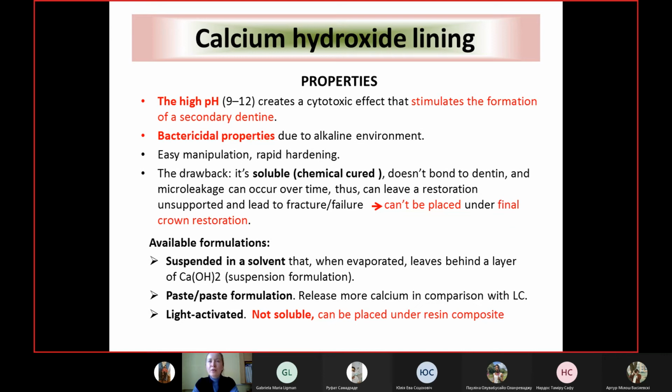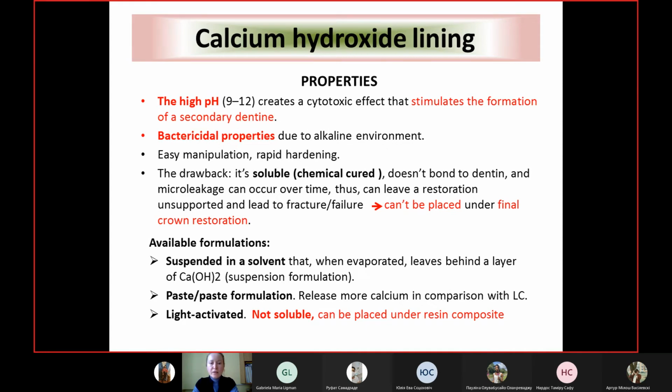It's a sustained process. So when calcium hydroxide releases its ions into dentine, the hydroxyapatites of dentine, at the same time it resorbs. So it can't be placed under the final crown restorations. It's necessary to keep in mind this quality of calcium hydroxide material.